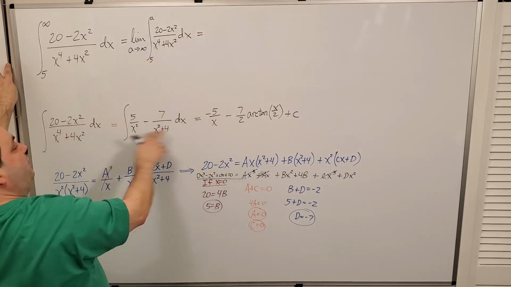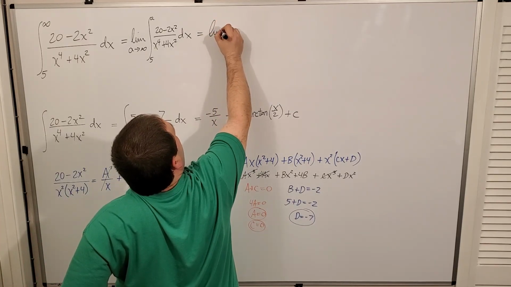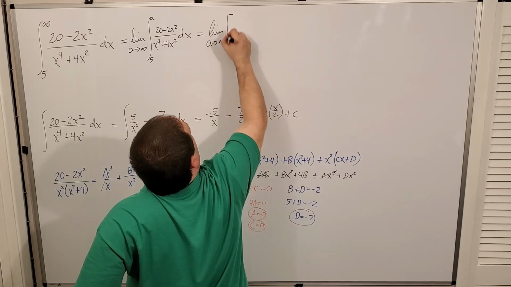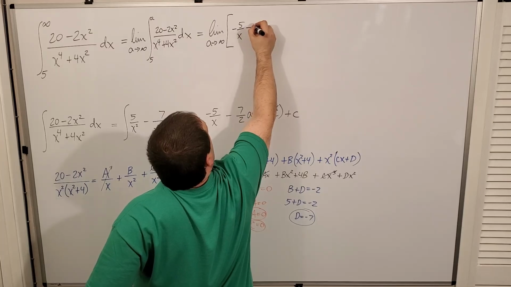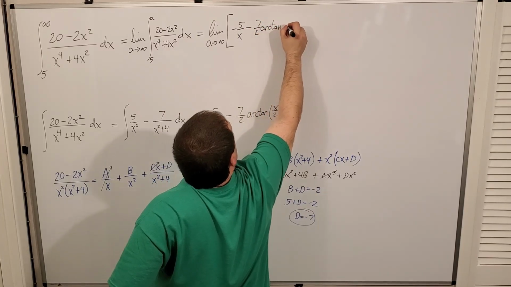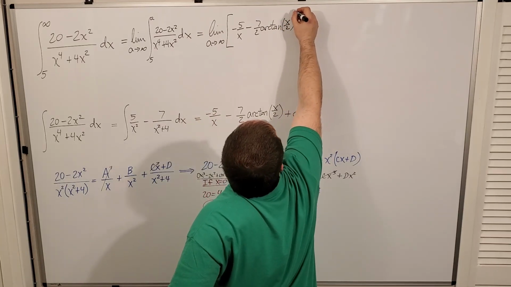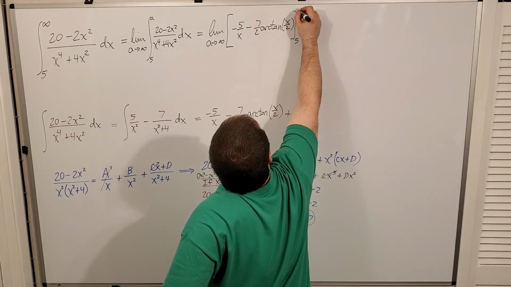Of course, we've already done the antiderivative here. So then what I've got is the limit as little a goes to infinity of -5 over x minus 7 over 2 arctangent of x over 2. And then that whole thing has to be evaluated from 5 to little a.